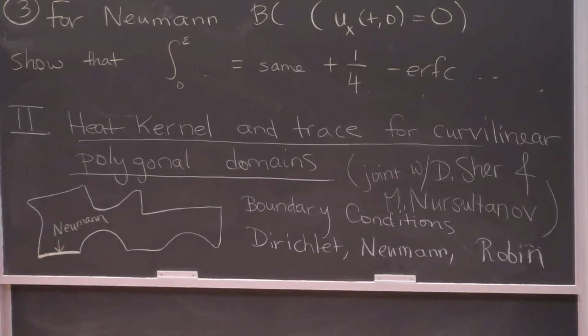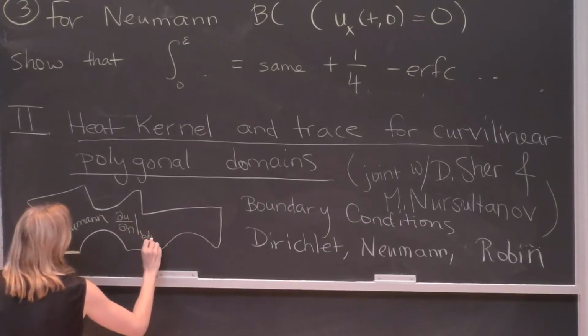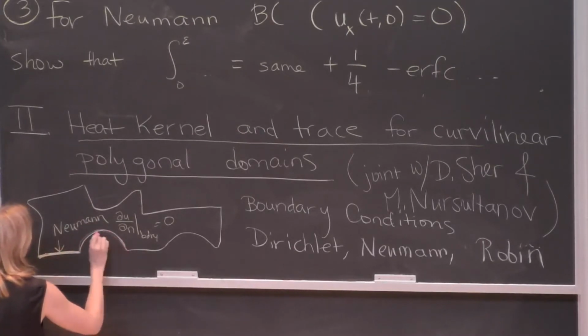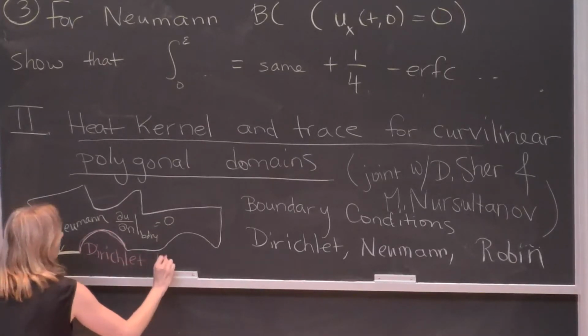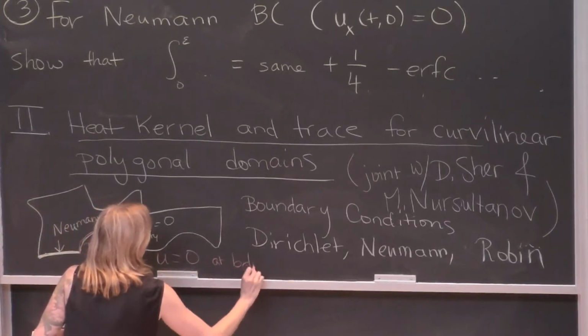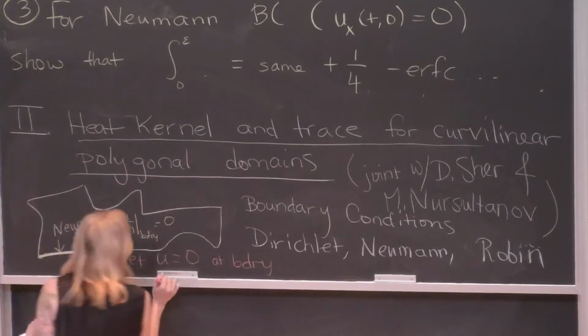And that requires the normal derivative to vanish. Okay, so I'll write that: du/dn at the boundary piece is 0. And right up next to it, we could have, say, right here, Dirichlet, which requires the function to be 0 at the boundary. Okay? So we can have any sort of combination of Dirichlet, Neumann, and Robin we want, but I'm going to focus on just Dirichlet and Neumann for the sake of simplicity.